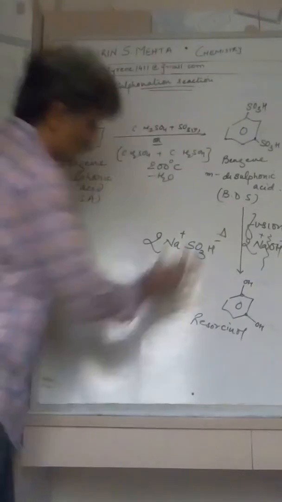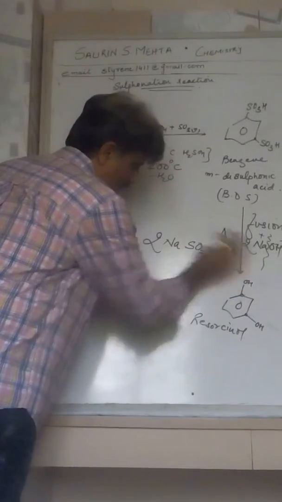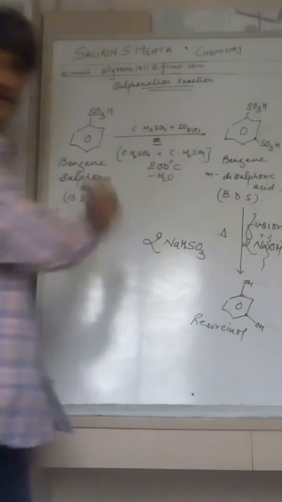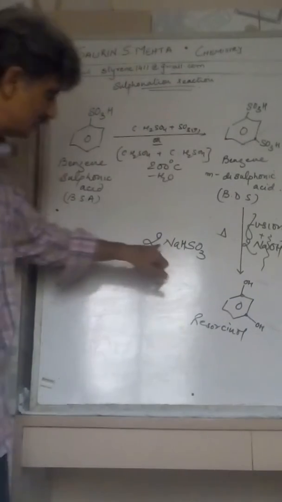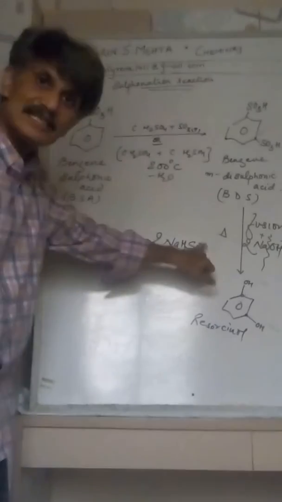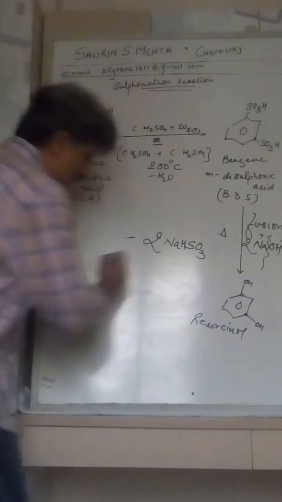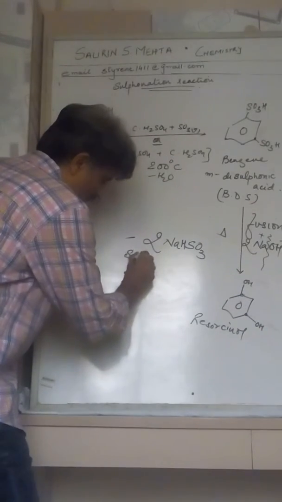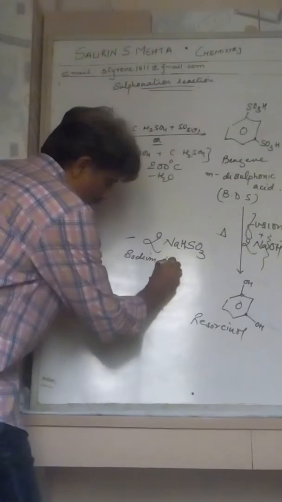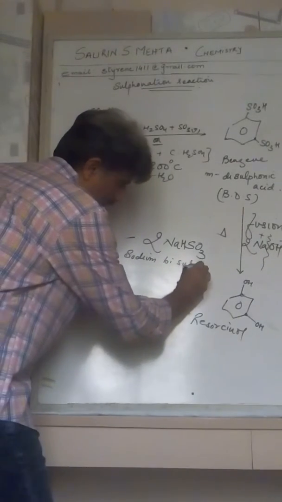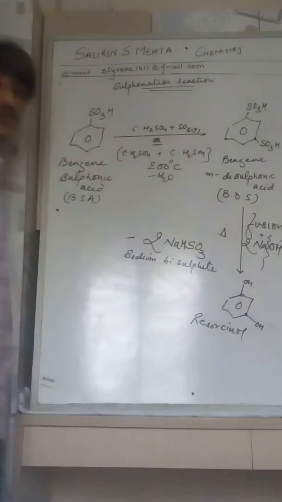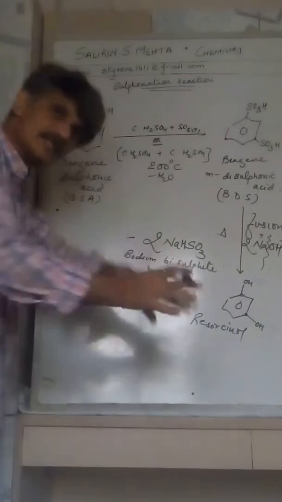So 2 moles of Na and H are interchanged, and it forms 2 moles of NaHSO3 as a byproduct. And the compound is known as sodium bisulfite or sodium hydrogen sulfite, which is a byproduct.